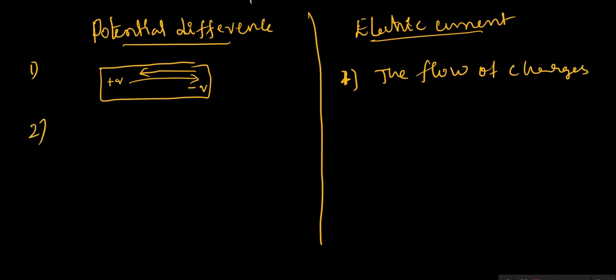Second point in potential difference: the potential difference between 2 points is defined as the amount of work done in moving a unit positive charge from one point to another point.